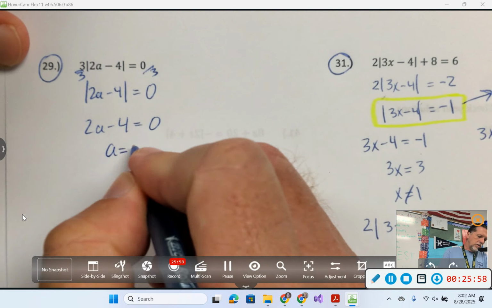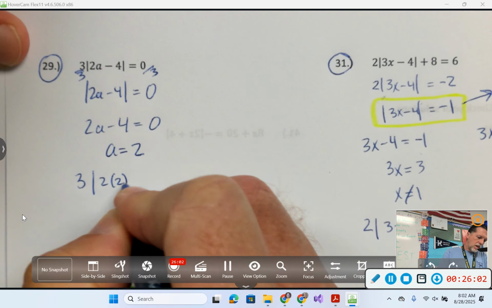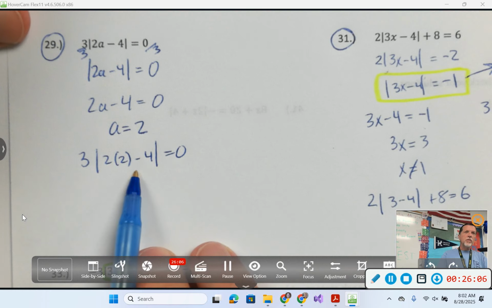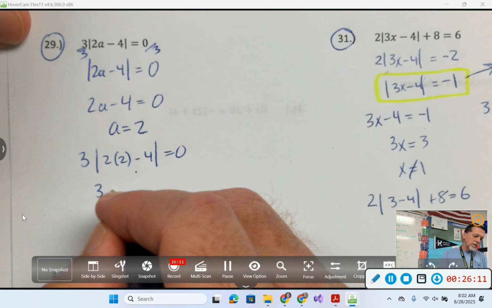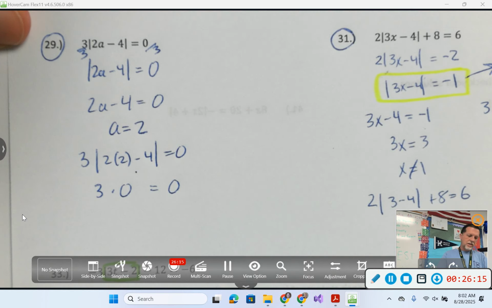So A equals 2. So then we check it. 4 minus 4 is 0. What's 3 times 0? 0. So does this work? Yeah. 3 times 0 is 0.